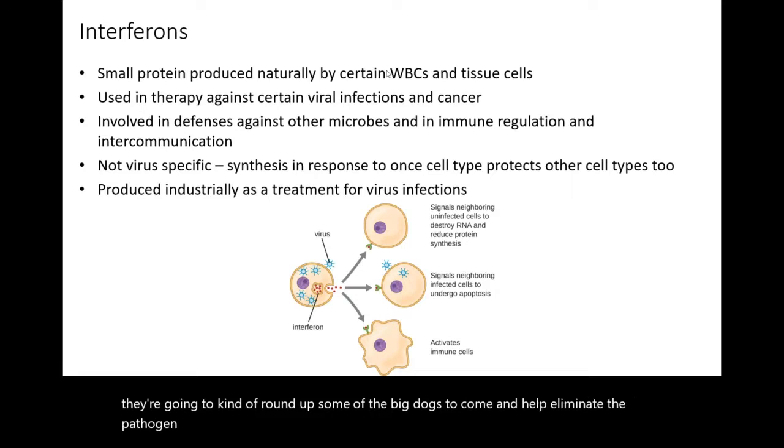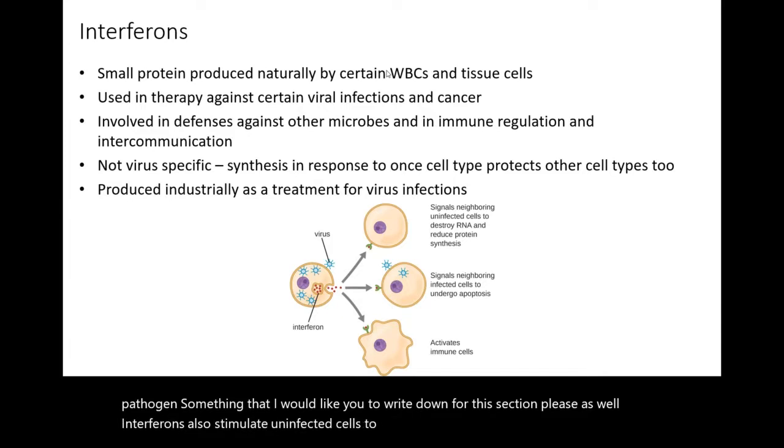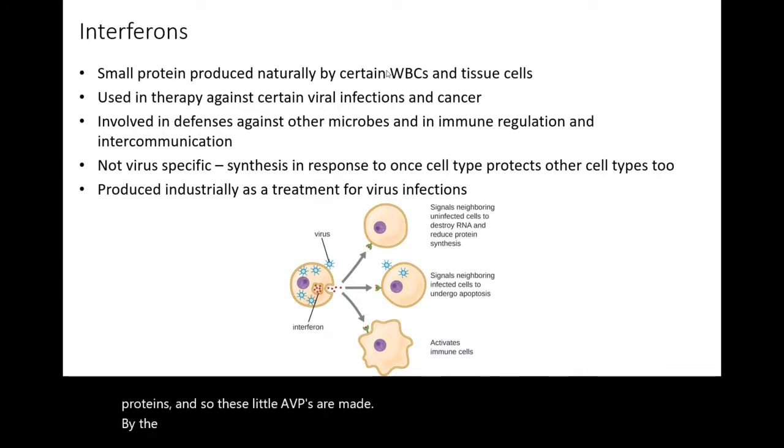Something that I would like you to write down for this section, please, as well. Interferons also stimulate uninfected cells to produce proteins called AVP, for antiviral proteins. And so these little AVPs are made by the uninfected cell as a way to prepare themselves for a potential viral attack.